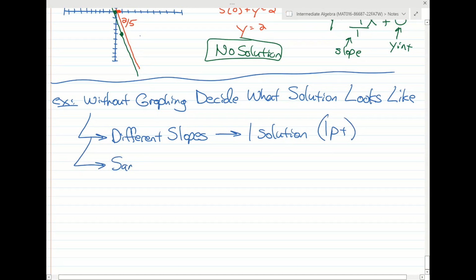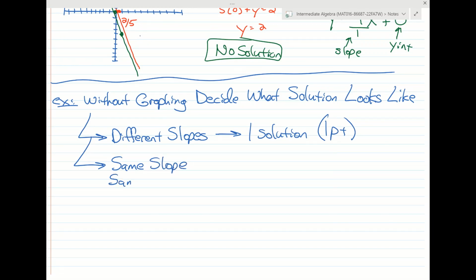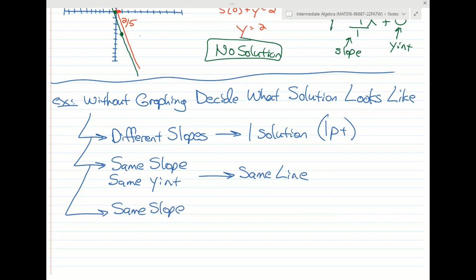If they're the same slope and the same y-intercept, this means that they're the same line. And then if it's the same slope and different y-intercepts, this means that they're parallel and there's no solution.